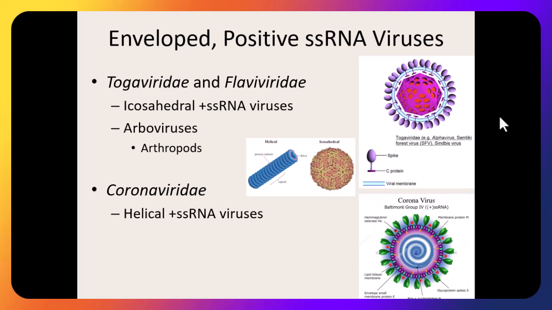And a lot of viruses in this group are considered arboviruses. An arbovirus is spread by insects, by arthropods: mosquitoes, ticks, fleas, flies. If it's an insect that can bite us, it can be a carrier of different kinds of viruses.